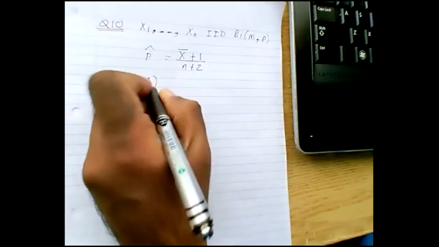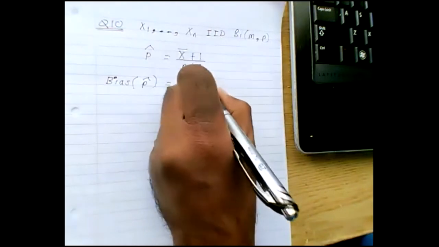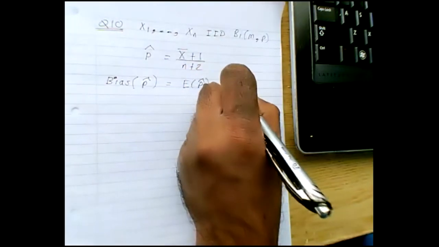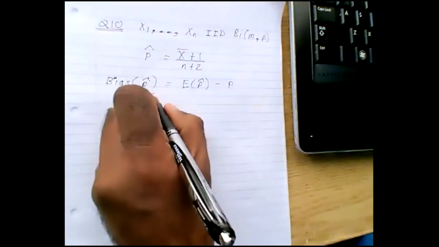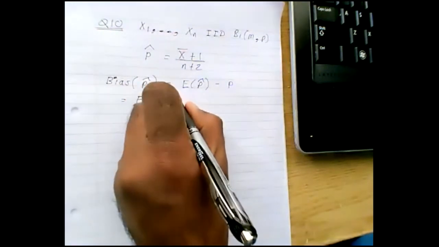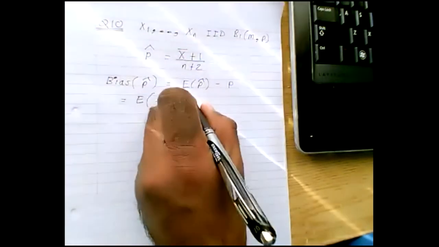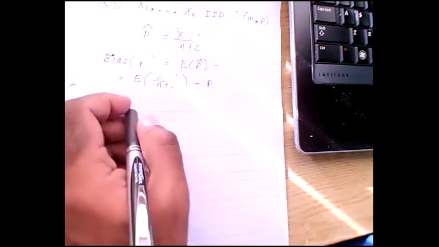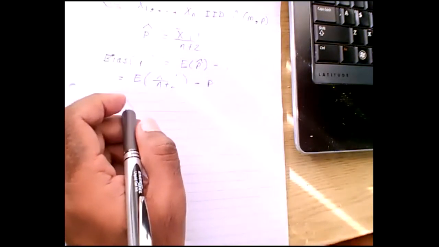of p hat, which by definition is the expectation minus the parameter that you're trying to estimate, which is the expectation of (x bar plus 1) divided by (n plus 2) minus p. I think the sun is directly coming into my eyes, so it's not a good thing.